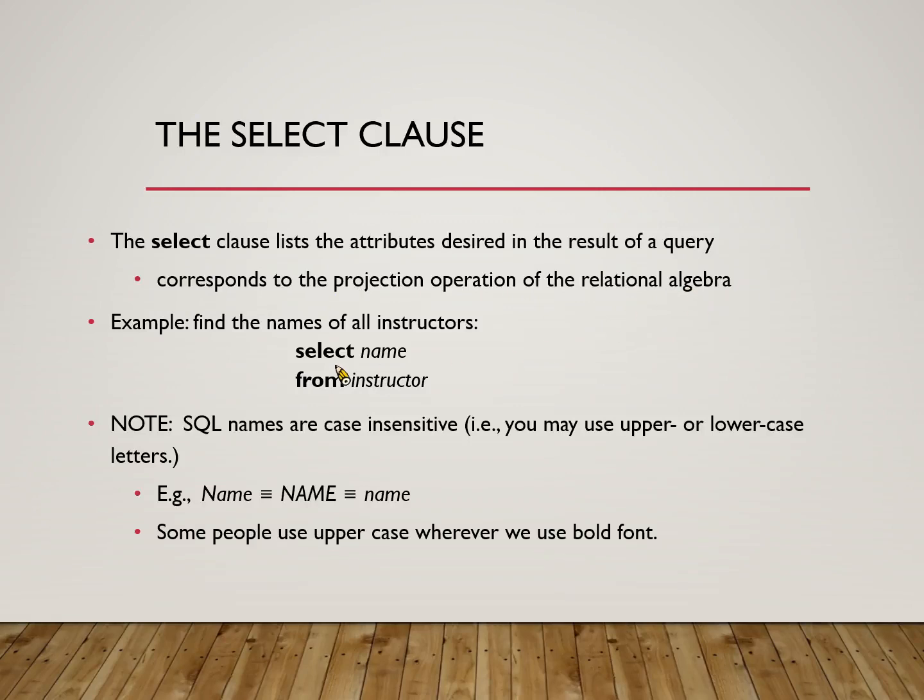For example, if we want to find the names of all instructors, we can write this statement: select name from instructor. In any SQL statement, the attribute names are case insensitive. That is, you may use upper or lower case letters.